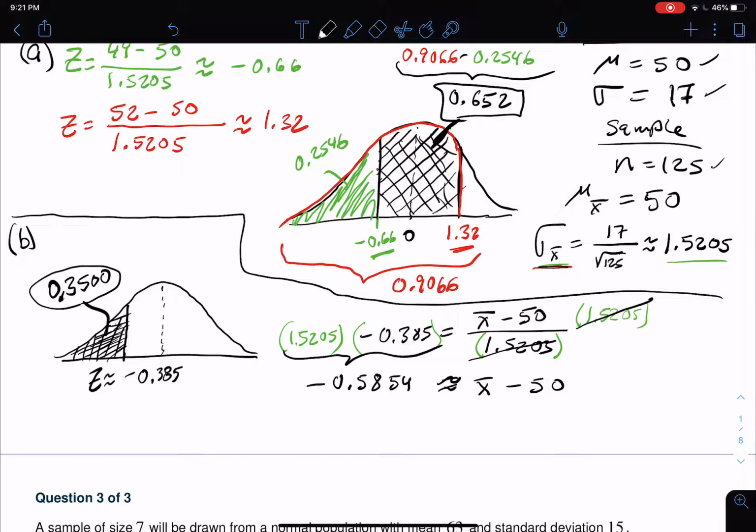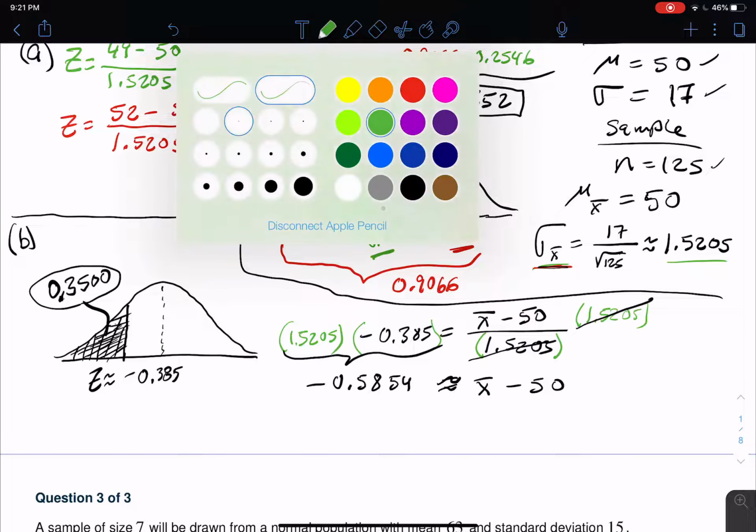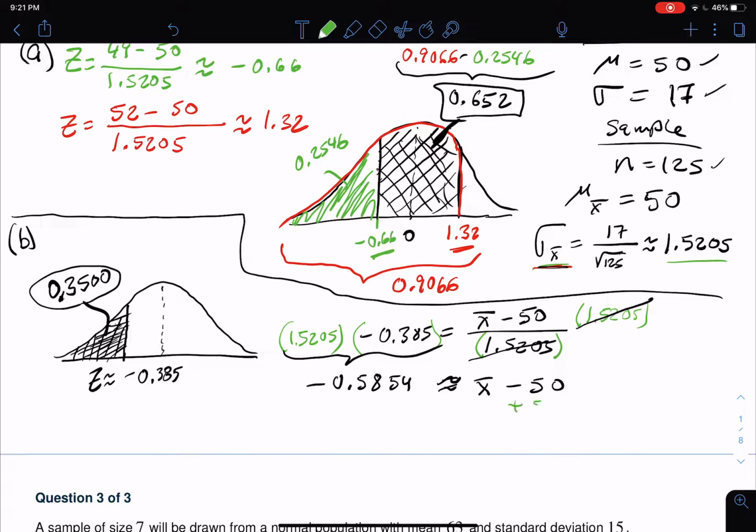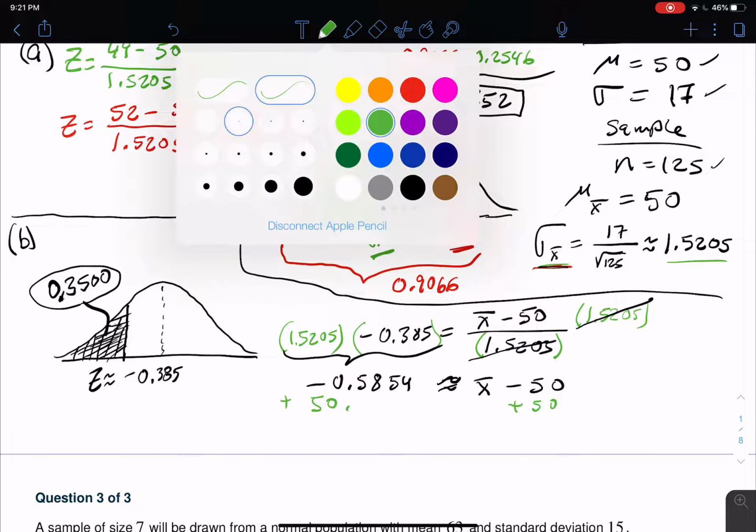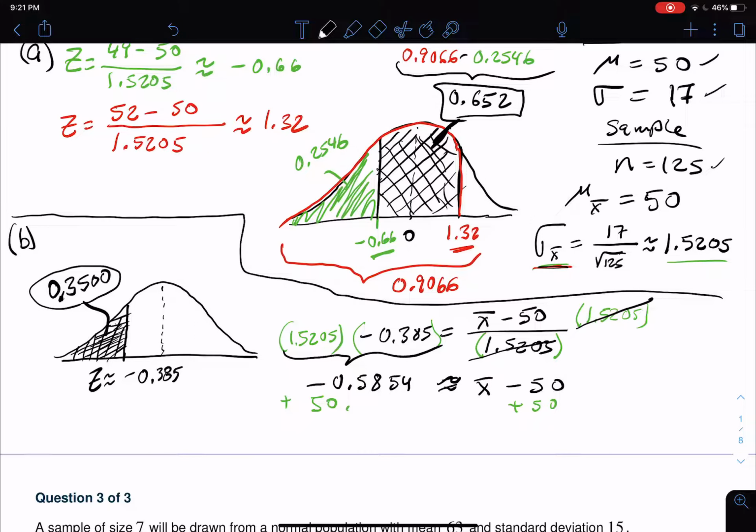Then you simply add 50 to both sides to isolate the X bar, and you get a final answer of X bar approximately equal to 49.41.